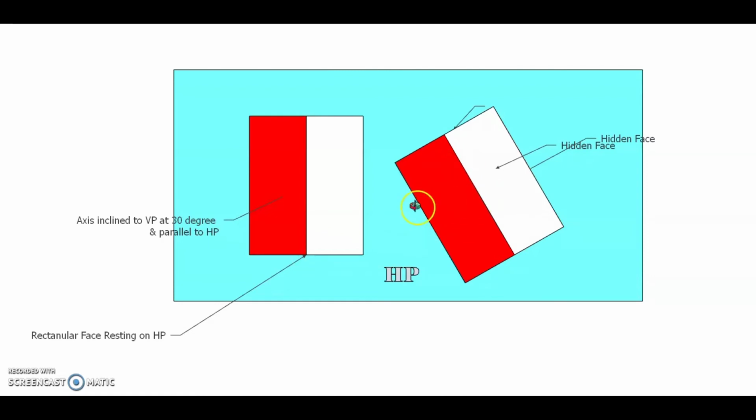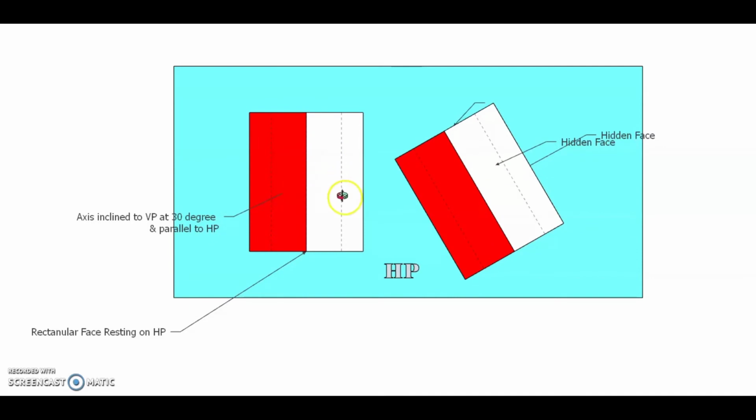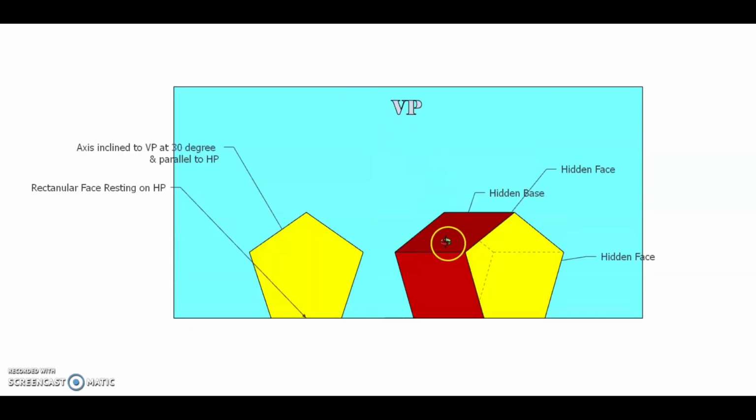The top view for the final condition, we just have to redraw here. Now in the top view, which edges are hidden? These two edges are hidden, which we have to show by dotted line, and the same figure we have to redraw here, satisfying that the axis should be inclined at 30 degrees to VP. So its front view will appear like this one.